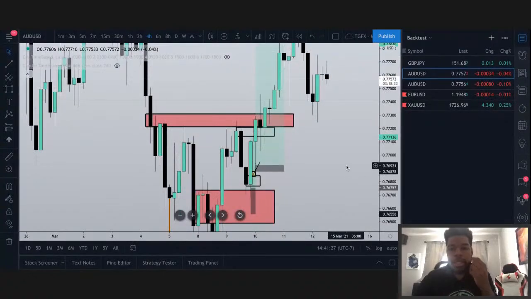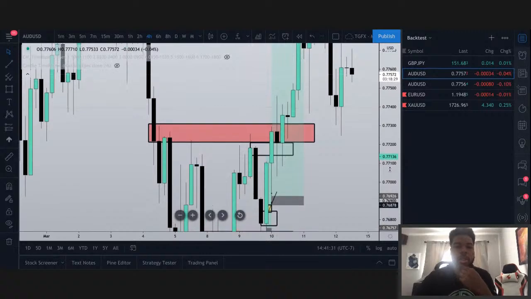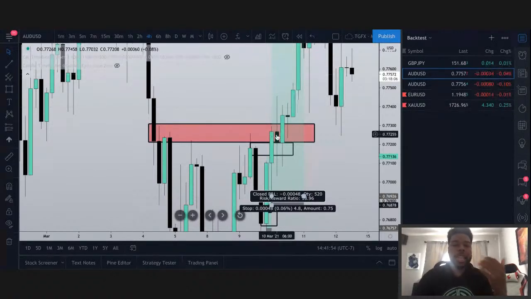So now what am I going to do? I'm going to go up a time frame. Now, this is also a rule of thumb you want to keep in mind. Yes, this was a supply area here, but once price closes a candle, let's say 50% into a zone, I would call it no longer valid, because now price has shown us that the momentum is no longer there for that zone.